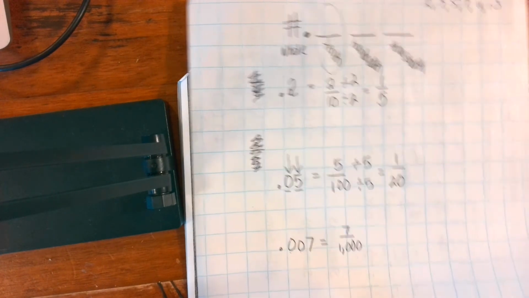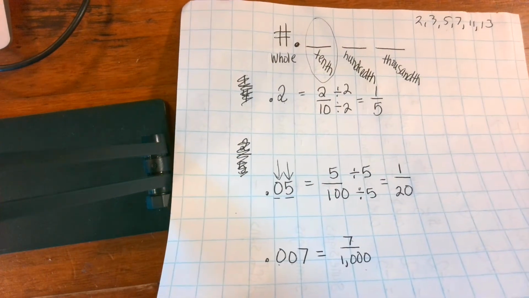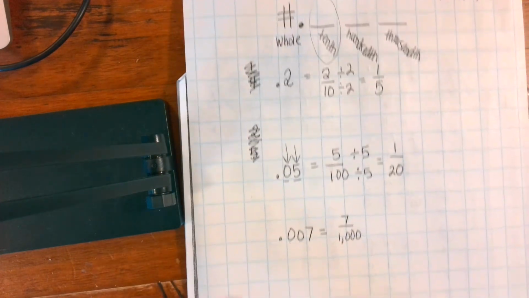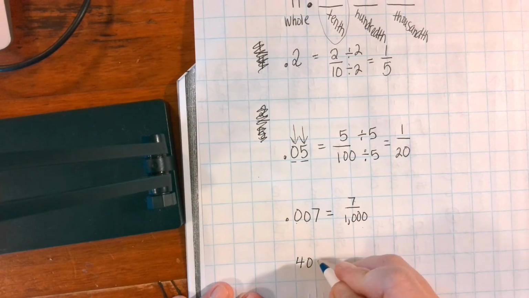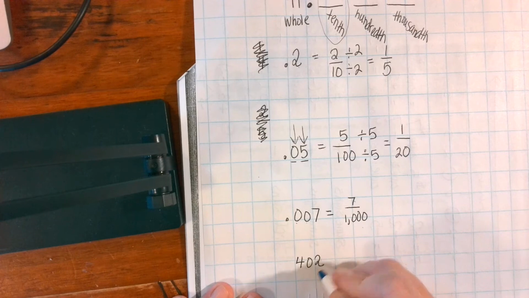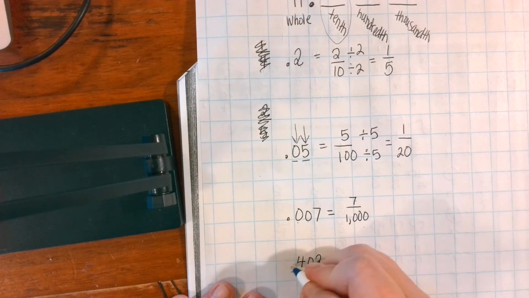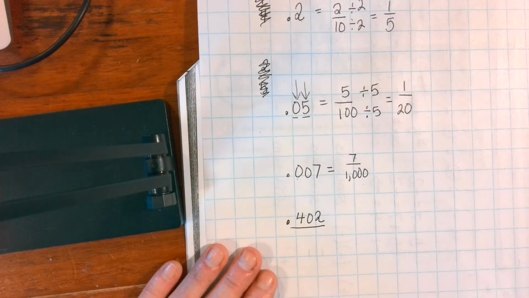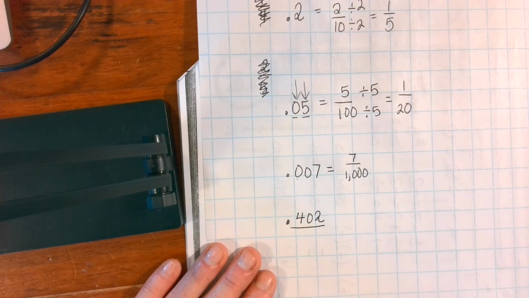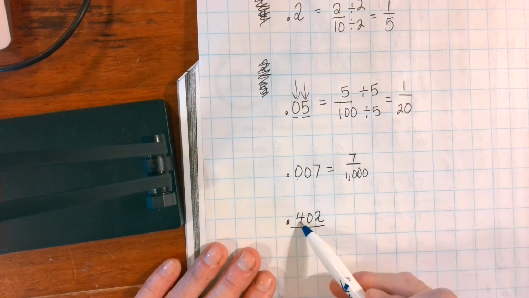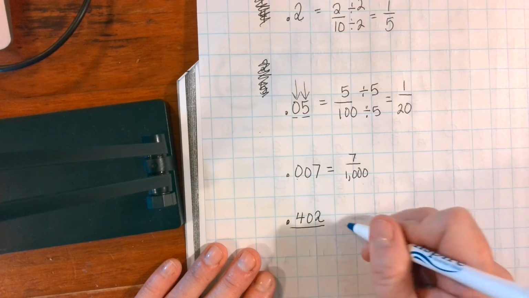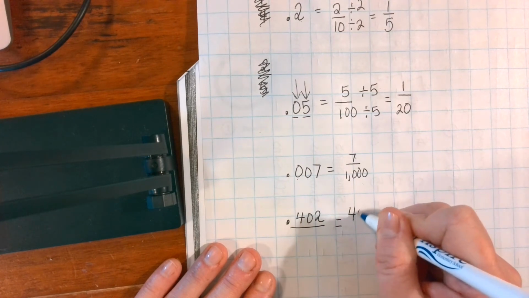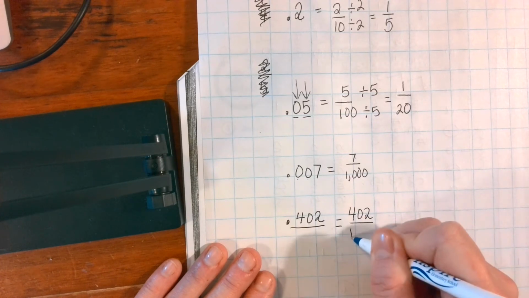All right, so where you get a little bit harder is when you get numbers like 0.402. 1, 2, 3 place values, thousandths.